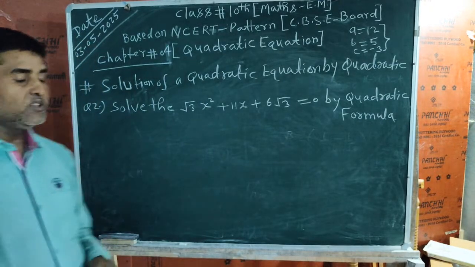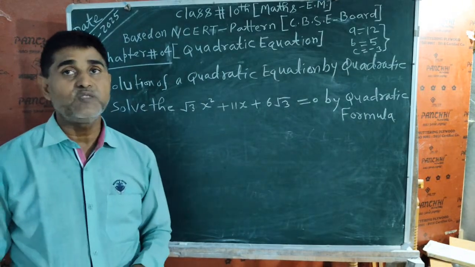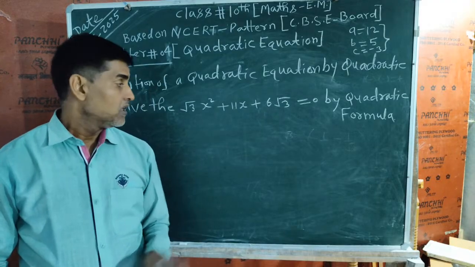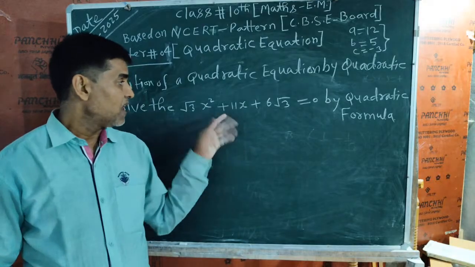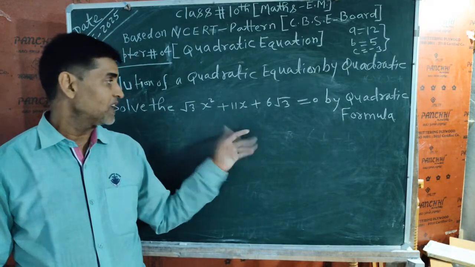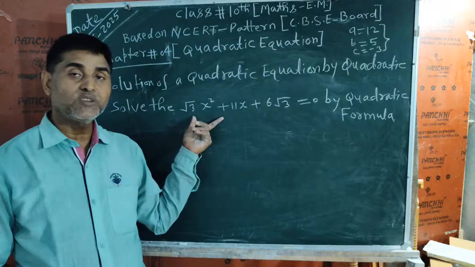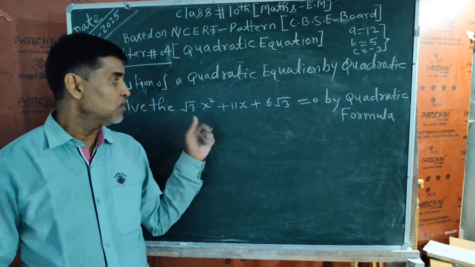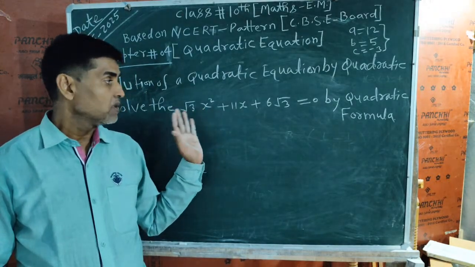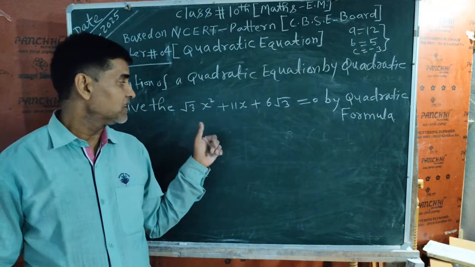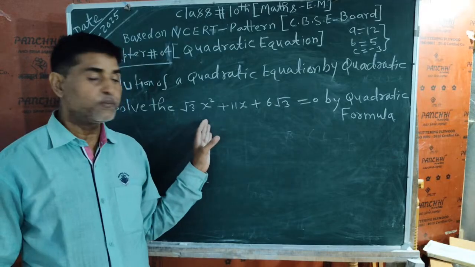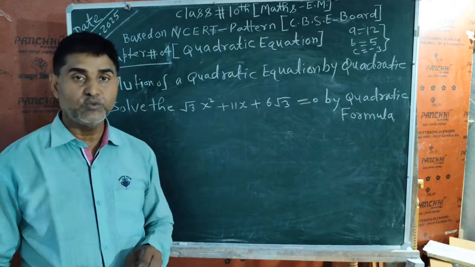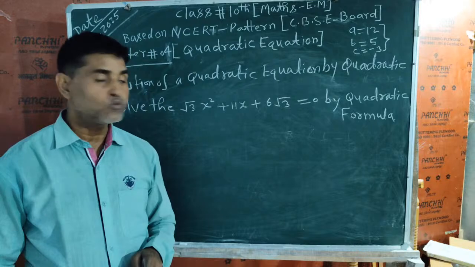First of all I will write the general quadratic equation and call it equation number 1, and the given quadratic equation I will call equation number 2. I will compare both equations, take the values of a, b and c from these two equations, and then I will use the quadratic formula.